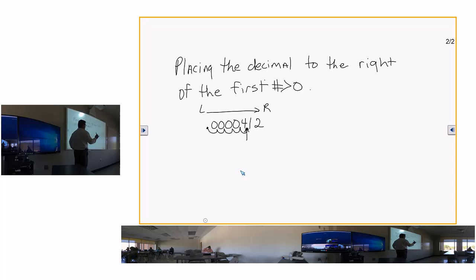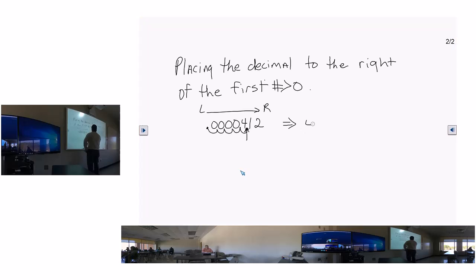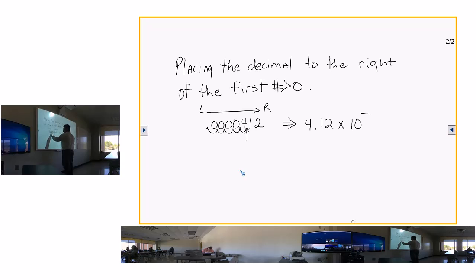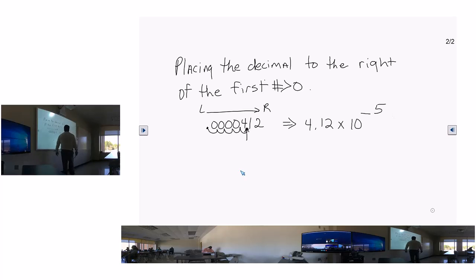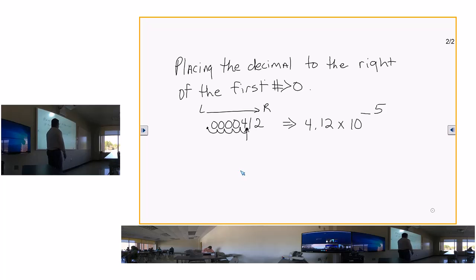I haven't said anything about a sign, so don't start talking about a sign, because that's where y'all screw up. So I'm going to say 4.12 times 10 to the blank. And how many places? 1, 2, 3, 4, 5. To the 5th place. Now, everybody in here gets that part right.